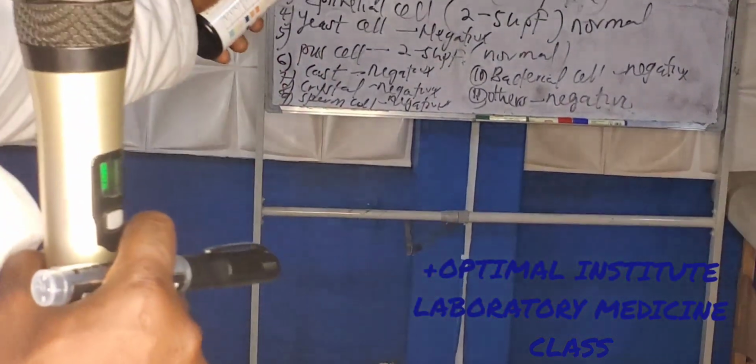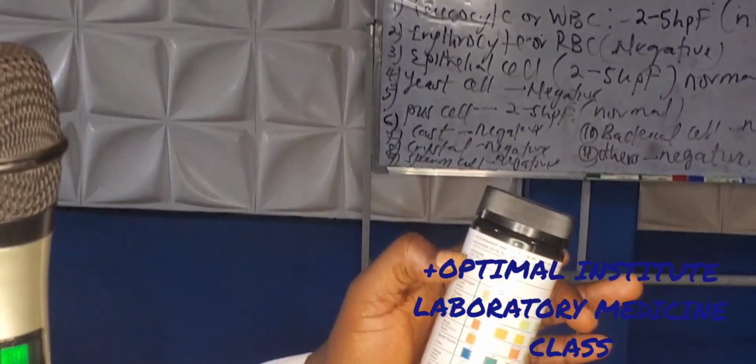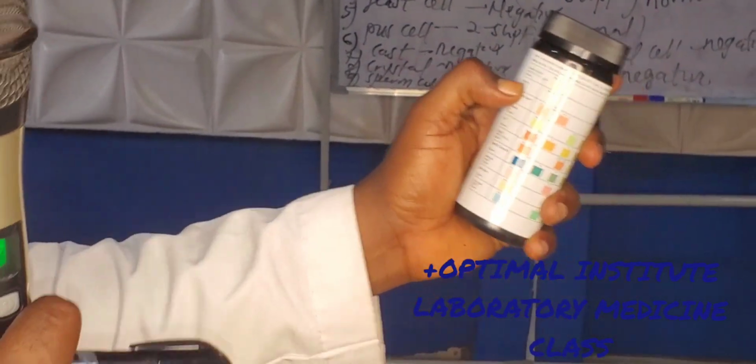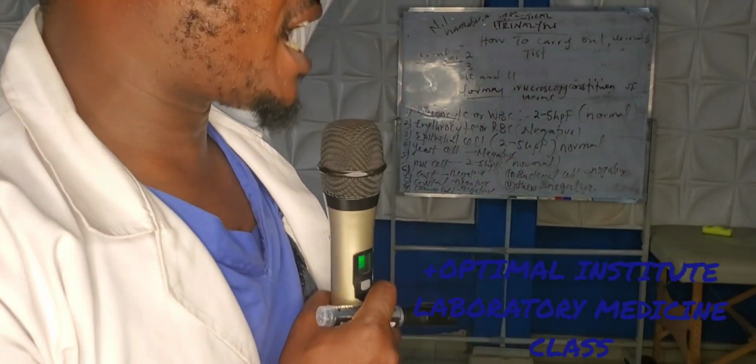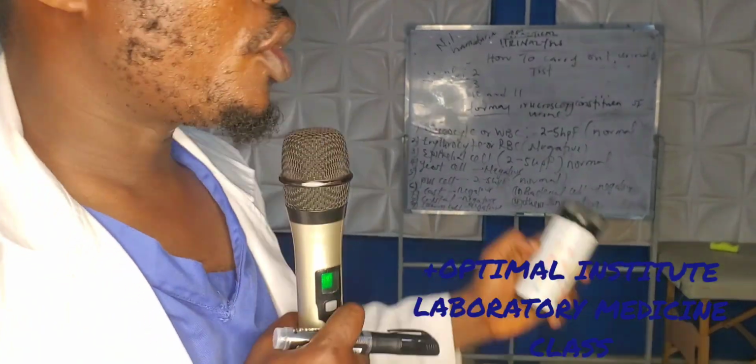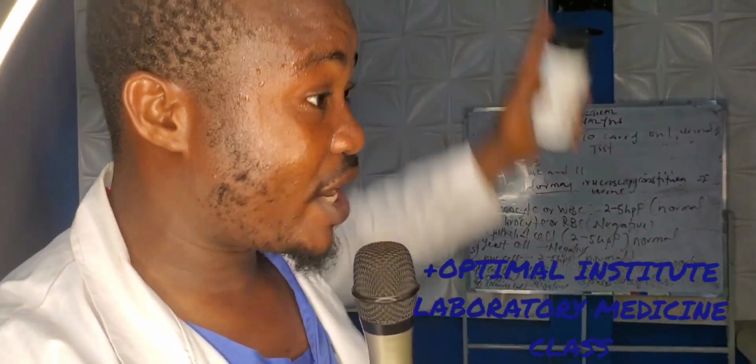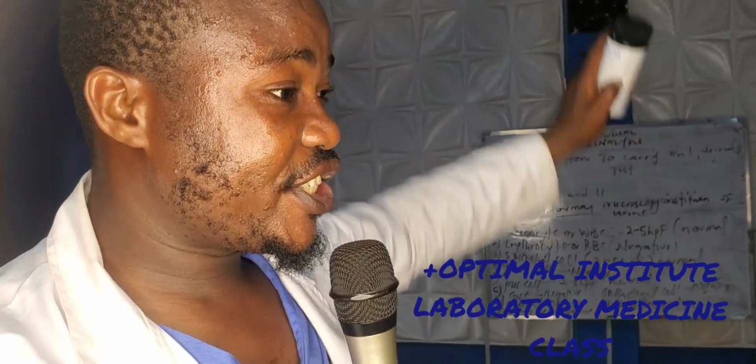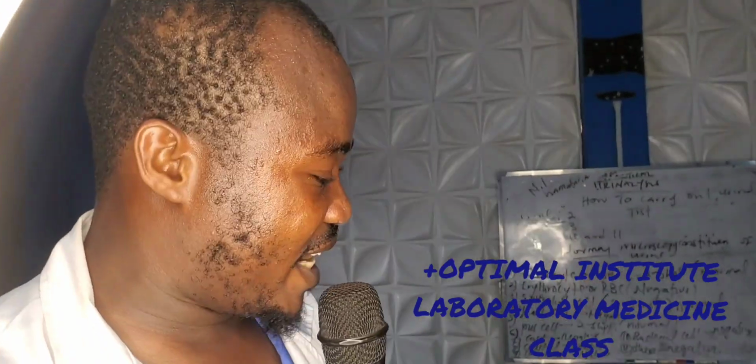The first one, leukocytes, can also be called WBC, white blood cell. We can use a microscope to check it, or we use Combi to check it. Nitrites is part of chemical constituents. Urobilinogen, chemical. Protein, chemical. pH, chemical.